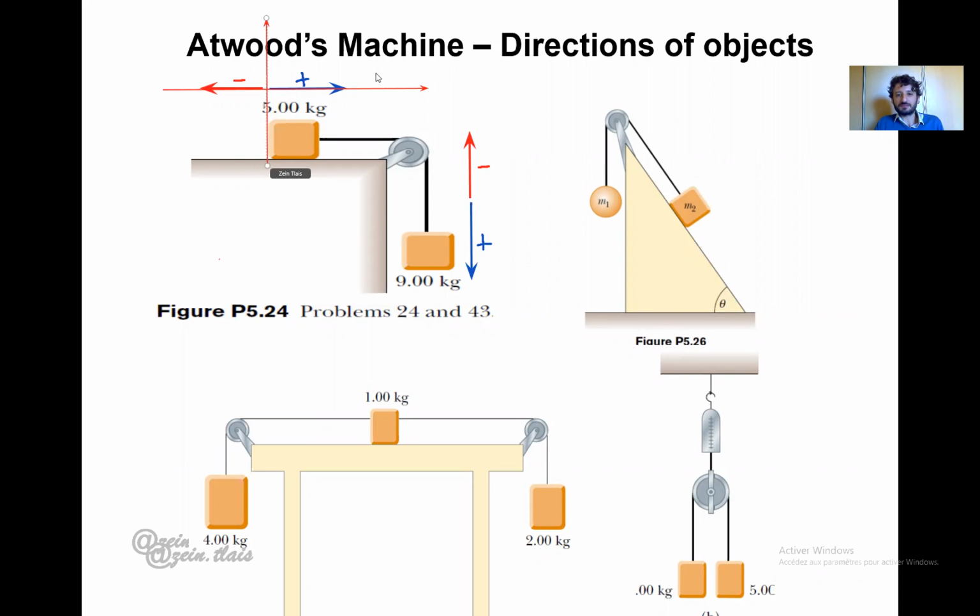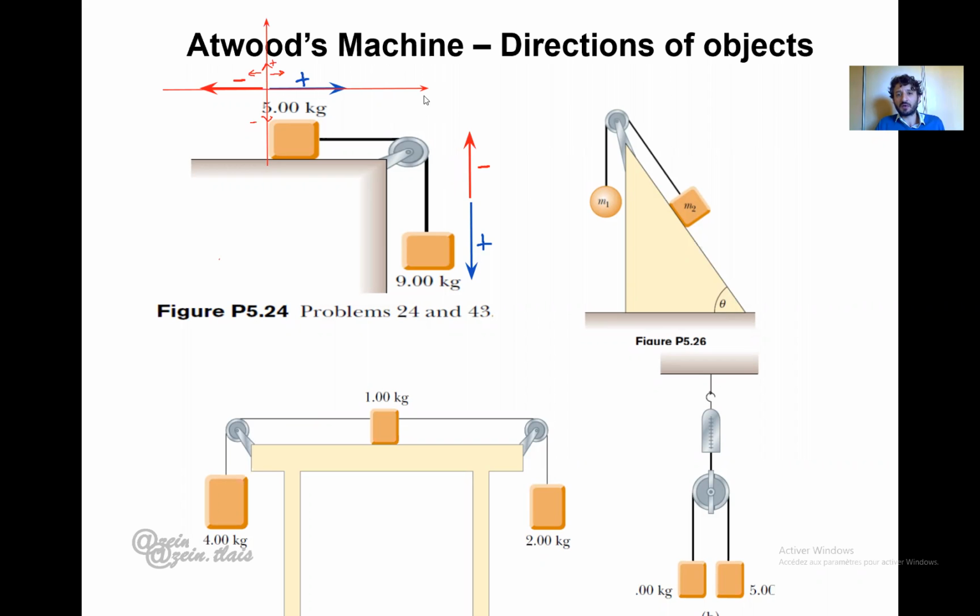So like this is positive, the opposite is negative, up will be positive and down will be negative for this object. But for the second object, we said here down is positive, up is negative.